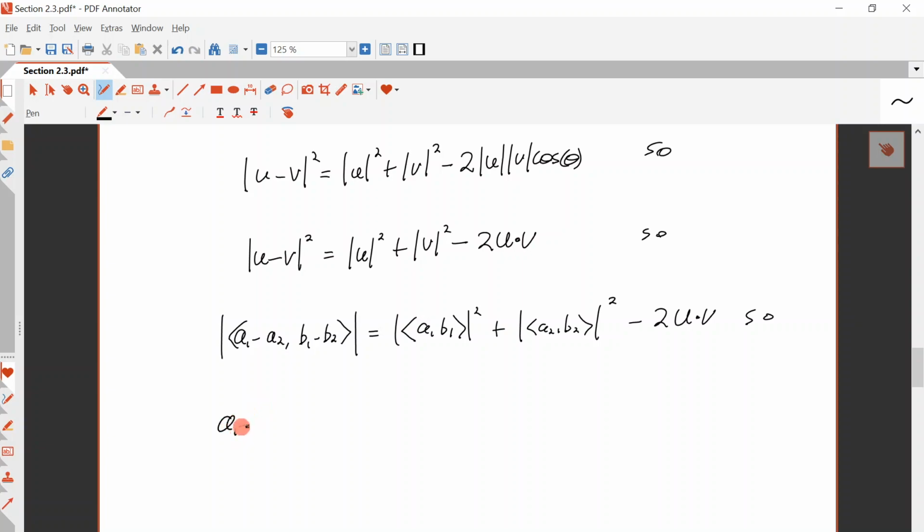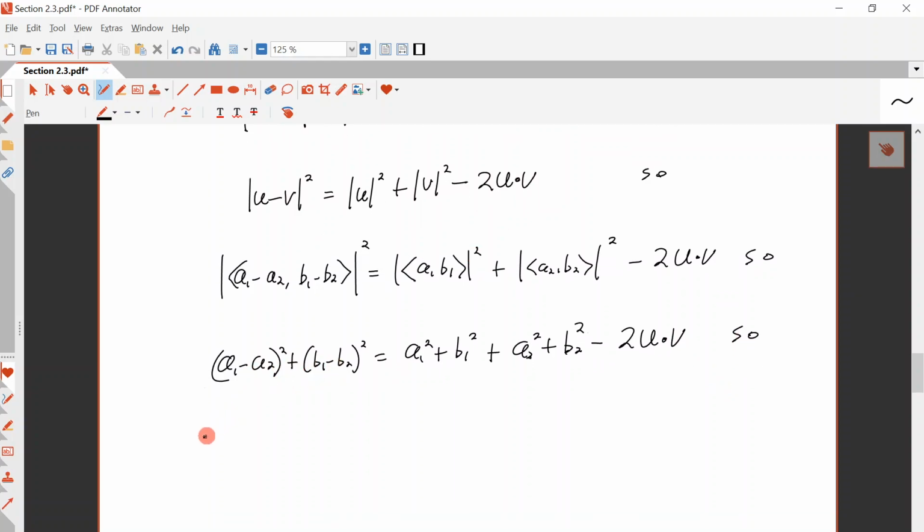It's the x component squared plus the y component squared, square root. Oops, but we're squaring the thing, so there's no square root there. So this is A1 squared plus B1 squared, A2 squared plus B2 squared. It's supposed to have the square root for the length, but we're squaring it, so that goes away, minus 2 U dot V.